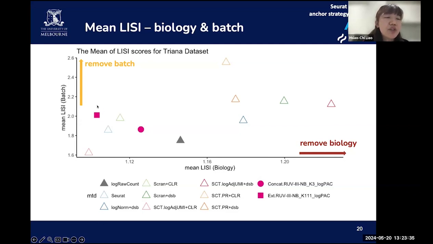Extended IUV3MB is able to retain more biology compared to the concatenated one. From the batch aspect, we see that the IUV3MB method is not as aggressive as other methods, because some methods remove batch quite well, but at the same time they remove biology as well.